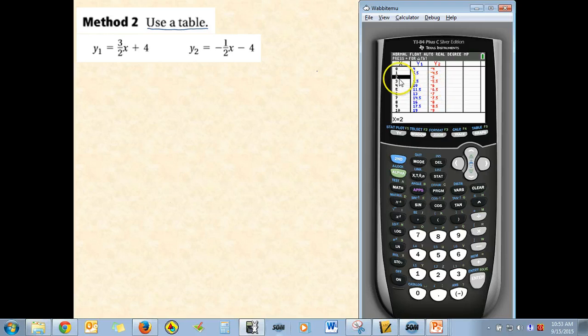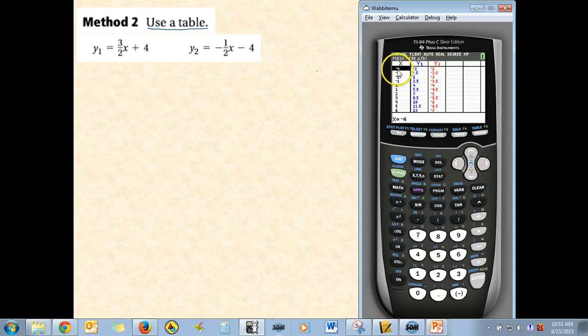So we want to look in the other direction, and see what happens when x goes down. When x is negative 1, y1 is 2.5 and y2 is negative 3.5, so they're getting a little closer together. When x is negative 2, y1 is 1 and y2 is negative 3. We're getting closer and closer.